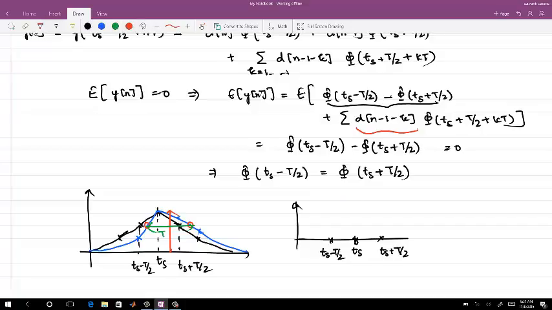I'm just plotting the samples right now. I can have something like this, this, and this, equally spaced in magnitude also, with bit period T. There is nothing telling me that I can't have this as a channel response.